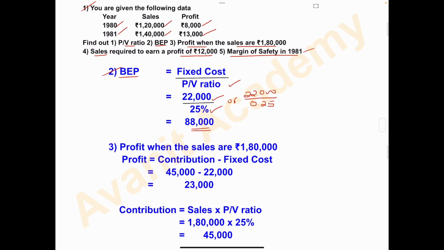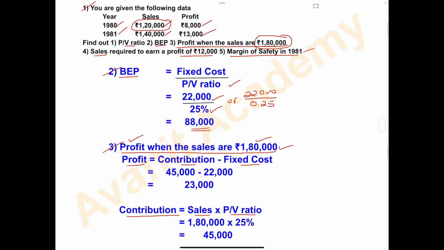Third one is profit when the sales are rupees 1,80,000. So we have to calculate profit when the sales amount is 1,80,000. Profit is equal to contribution minus fixed cost. Here the sales amount is 1,80,000, so again we have to calculate contribution. Contribution is equal to sales into PV ratio.